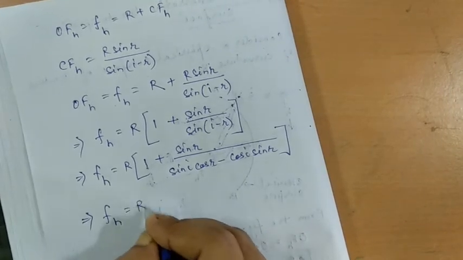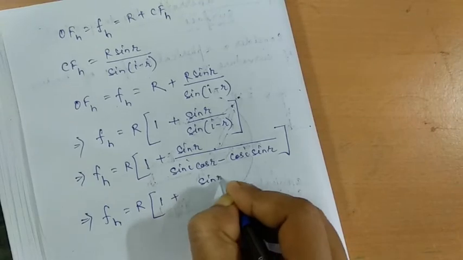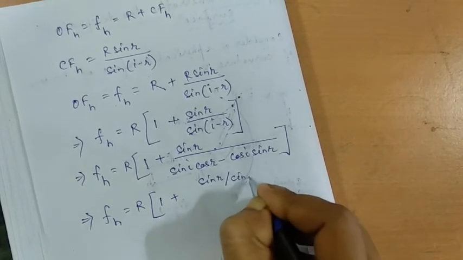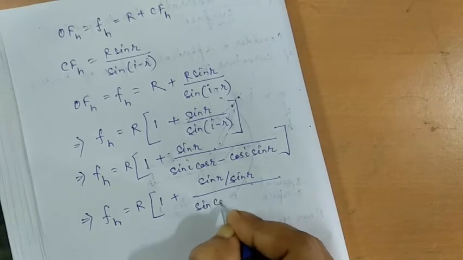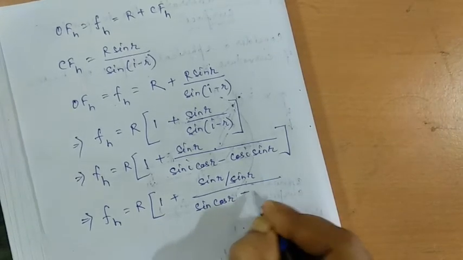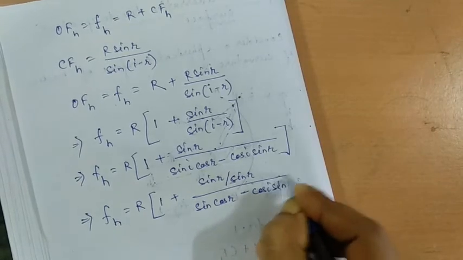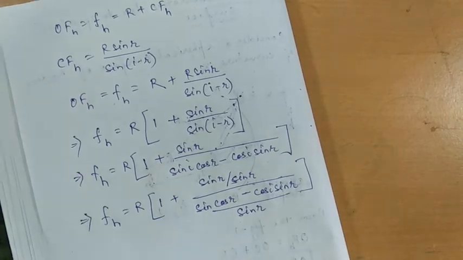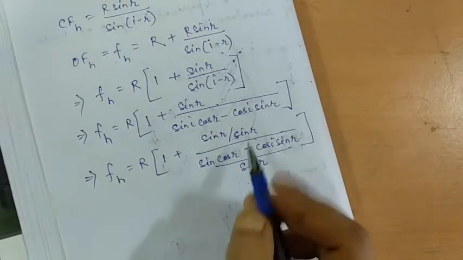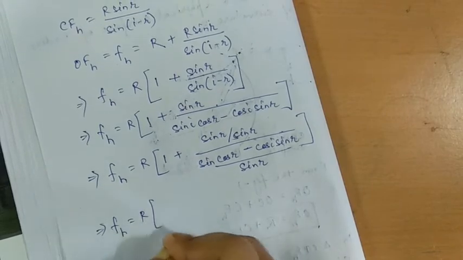So R into 1 plus sin R divided by sin R, whole divided by sin I cos R minus cos I sin R, divided by sin R.